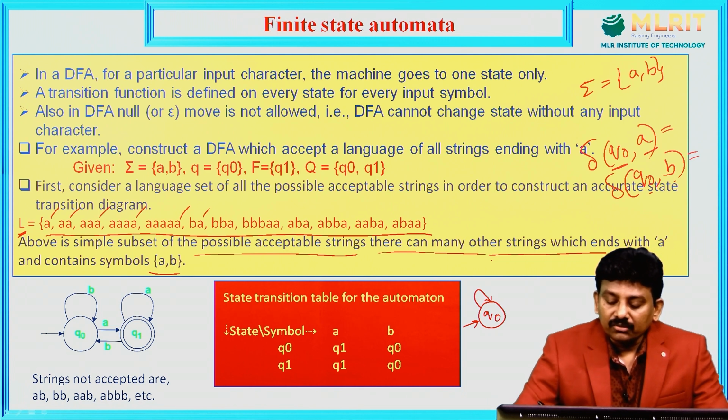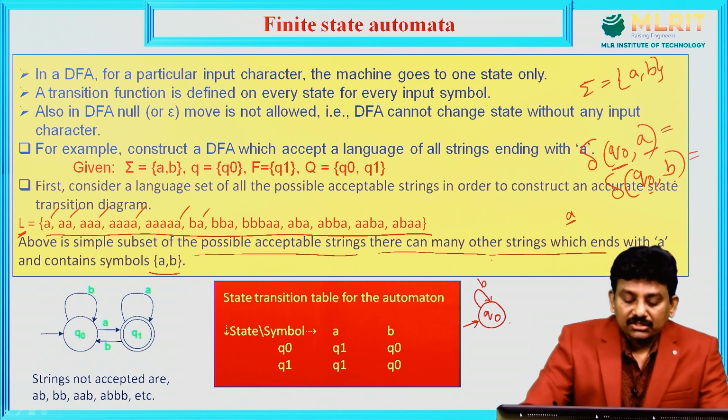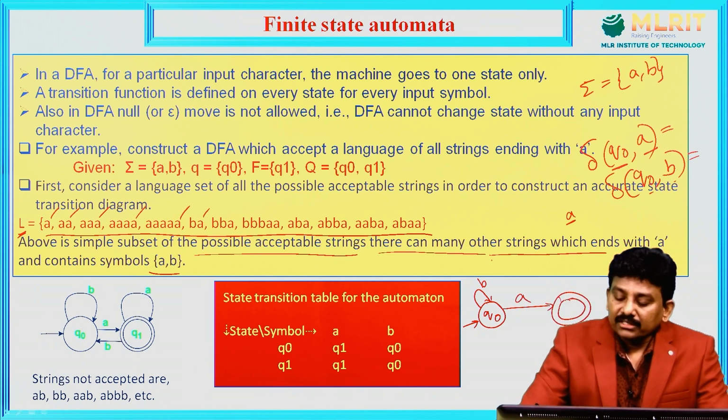So in q0, if you read input B from the input tape, stay in the same state. If you read A, that may be the last symbol, the end of the string, so I can go to the final state q1.